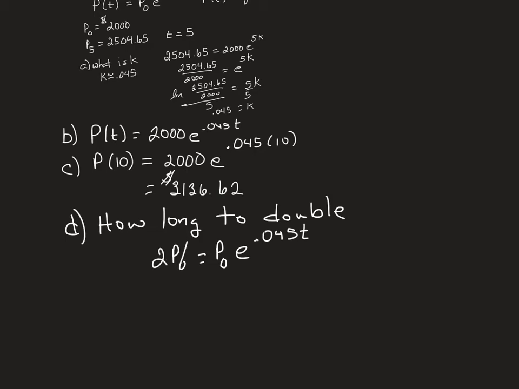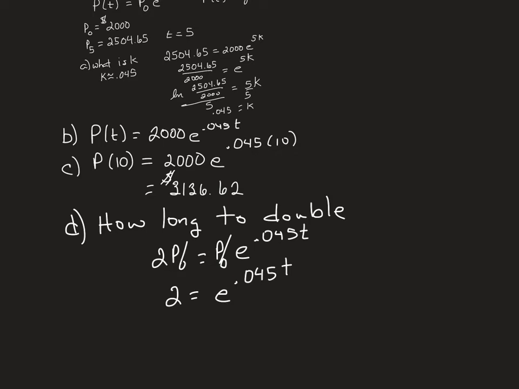Notice these will cancel each other out, and we have 2 equals e to the 0.045t, and you can always use this for doubling the population. You could go straight to 2 equals e to the 0.045t, and in a minute we'll see another shortcut.